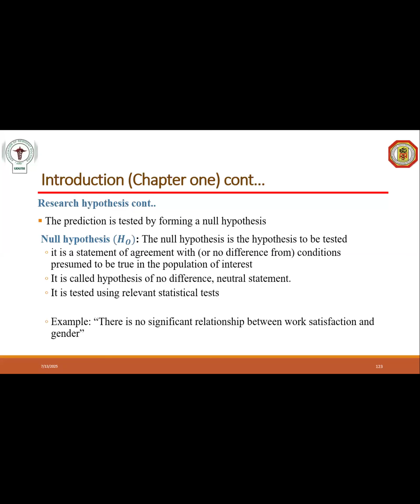So if you want to find the effect of family encouragement on medication adherence, you can say family encouragement is not significantly related with medication adherence. That is your null hypothesis. Then the alternate hypothesis: family encouragement is significantly related with medication adherence. Or family encouragement is significantly associated with medication adherence. So this is the null hypothesis and alternate hypothesis.